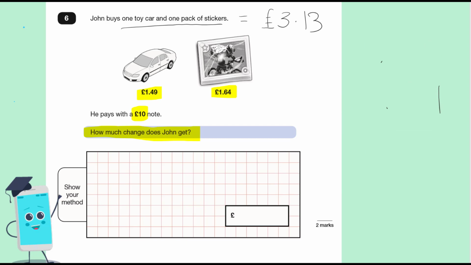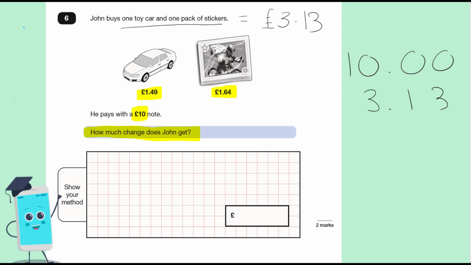Now the next part of our problem tells us that he paid with a £10 note. So we know he's paid too much. So earlier on, we set out a calculation using money. There's my £10. I'm going to put £10 and I'm going to put my pennies in because I've got £3.13.